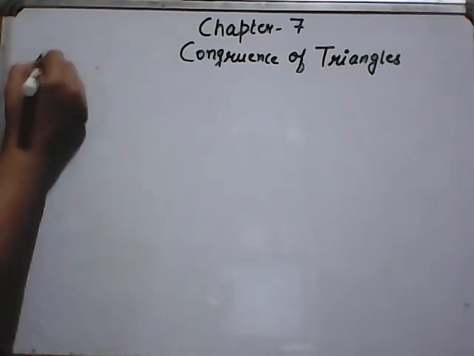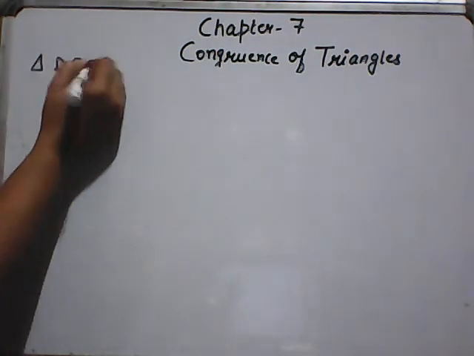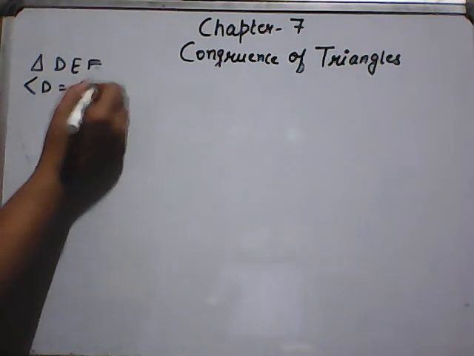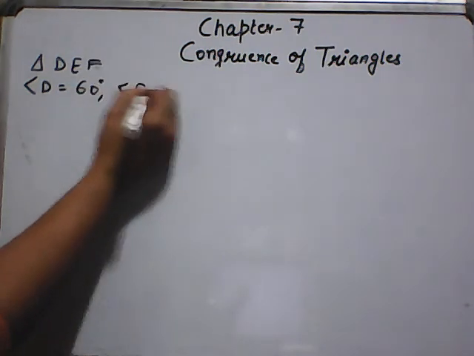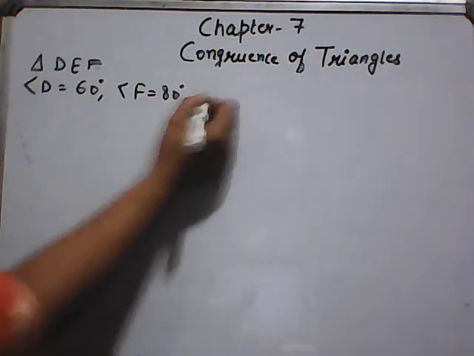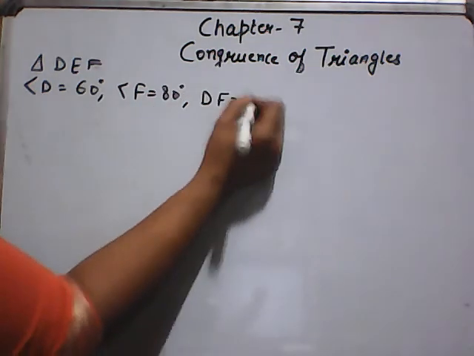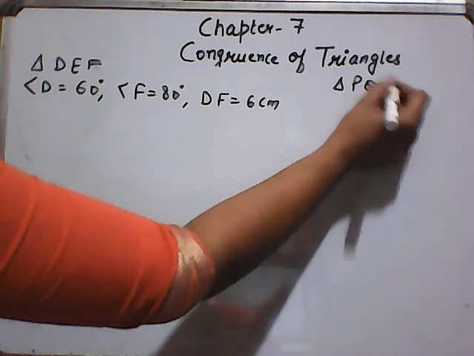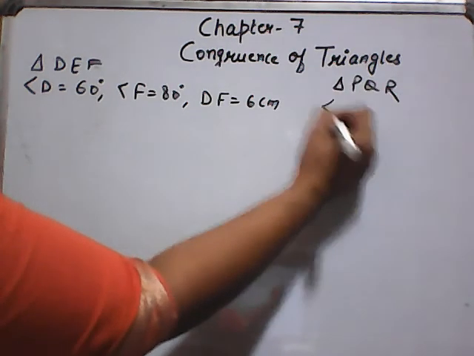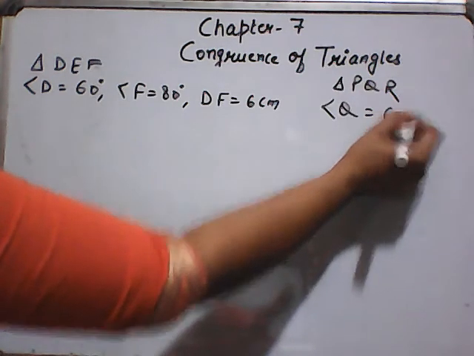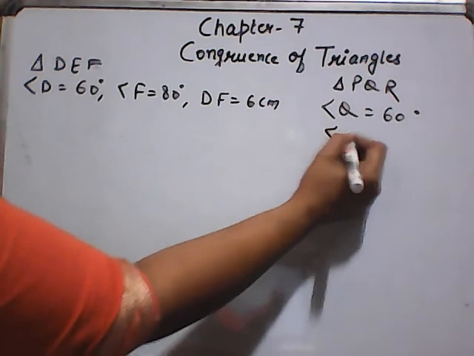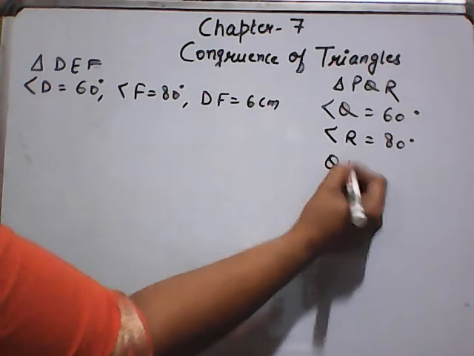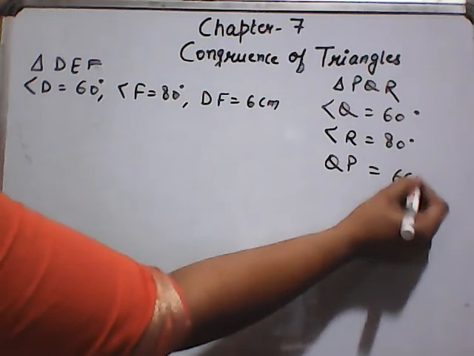In triangle DEF, angle D is given to you 60 degrees, angle F is given to you 80 degrees, and DF is 6 centimeters. In triangle PQR, angle Q is given to you 60 degrees, angle R is given to you 80 degrees, and the side QP is equal to 6 centimeters.